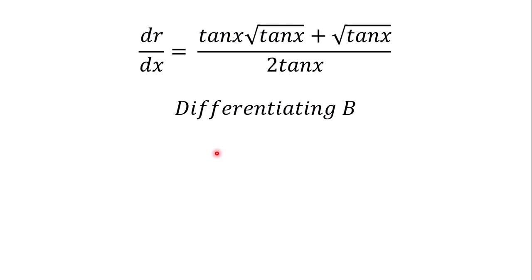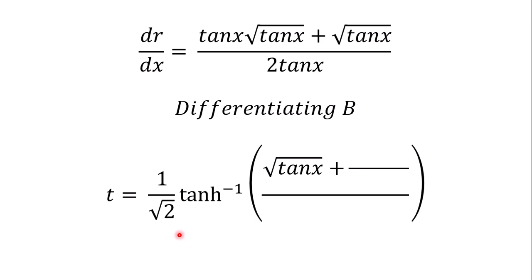We are going to let T be equal to the B, which is the tanx inverse. The same way we worked out the A part is going to apply here, just that here it is the tanx inverse, so only the tanx inverse will be different from what is here.